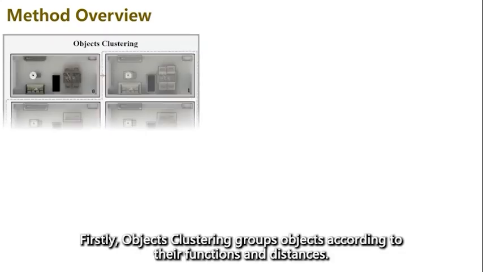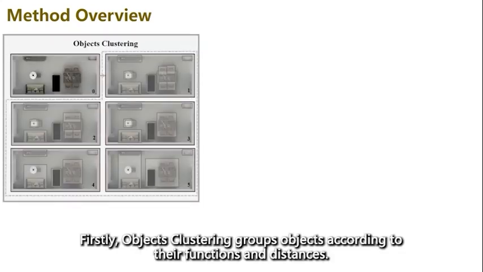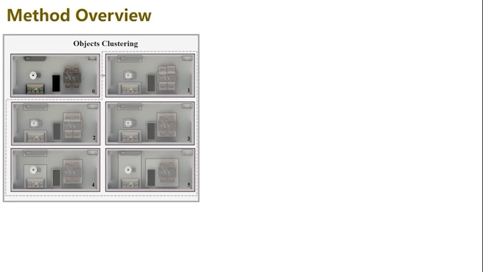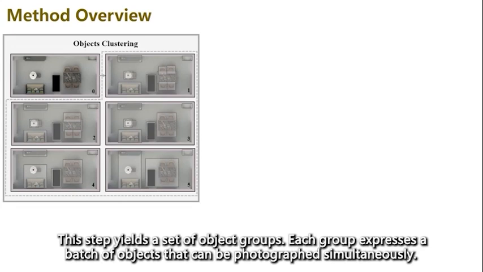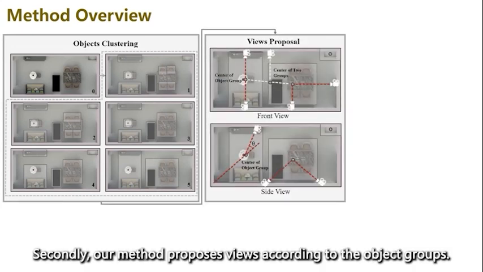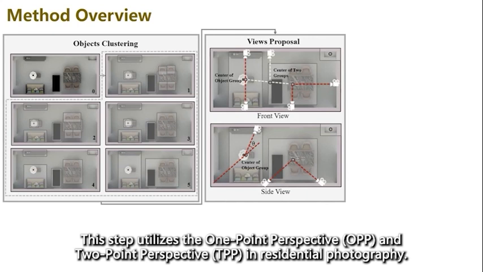Our method comprises three steps. Firstly, objects clustering groups objects according to their functions and distances. This step yields a set of object groups. Each group expresses a batch of objects that can be photographed simultaneously. Secondly, our method proposes views according to the object groups. This step utilizes the one-point perspective, OPP, and two-point perspective, TPP, in residential photography.